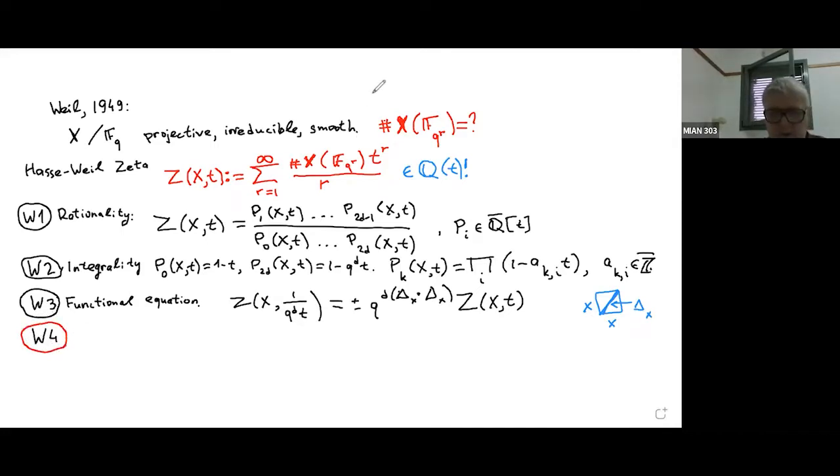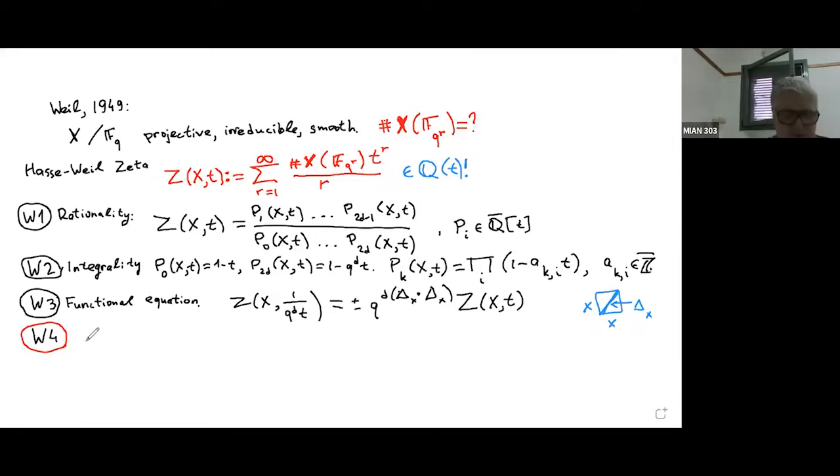It was the most difficult one in proving, and still open in the analog of this object related to the spectrum, the analog of this object related to the simplest variety over integers, that is the spectrum of integers itself.